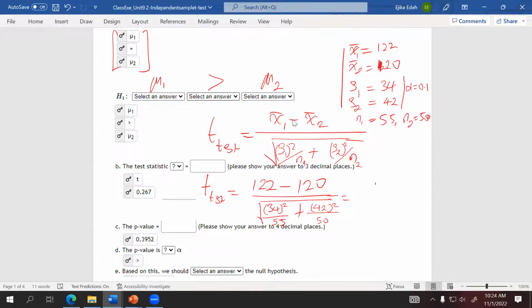If I subtract the numerator, it's clearly 2. That would be easy to handle. Let's go ahead and do the denominator. First of all, let's get the value of 34 raised to the power of 2 divided by 55, and then we'll have it down plus 42 raised to the power of 2 divided by 50. So if you get an answer, let us know, and let's have maybe 2 people compare.